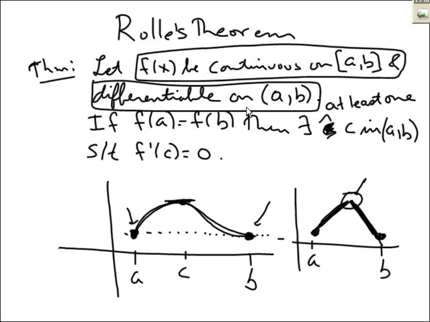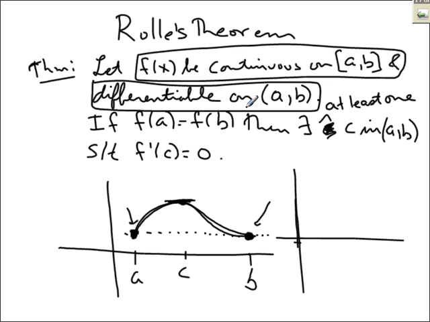Okay, so this graph doesn't obey Rolle's theorem. Now, if a graph doesn't obey the criteria for Rolle's theorem, does that mean that it cannot have this magical C? The answer is that yes, it can happen.